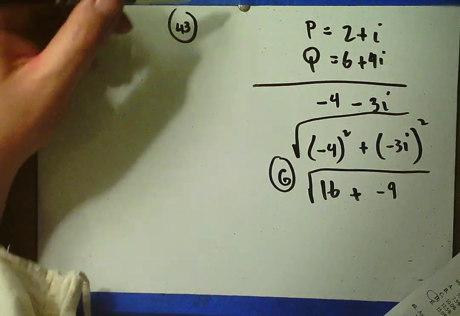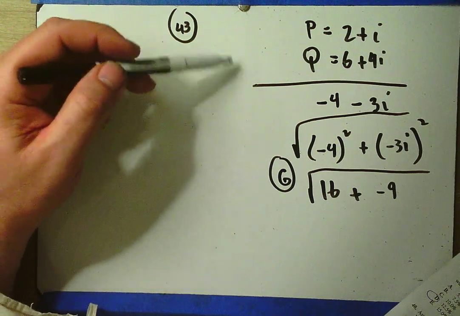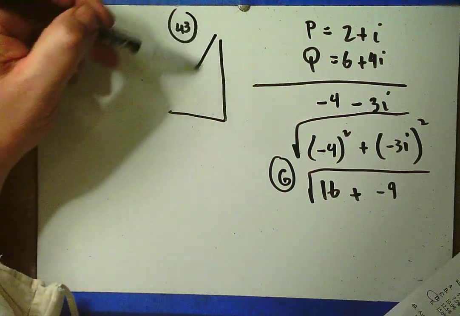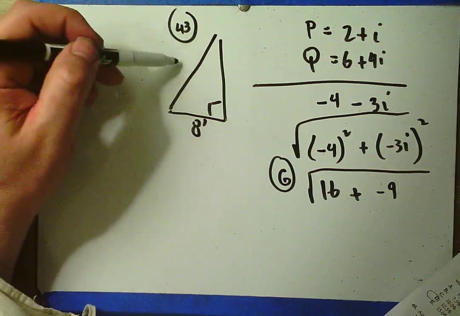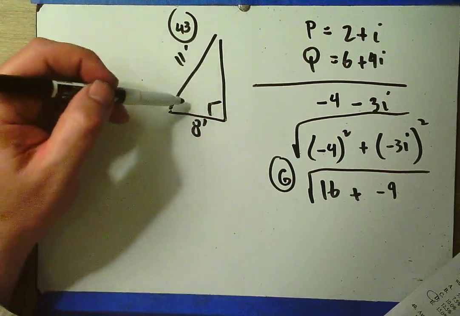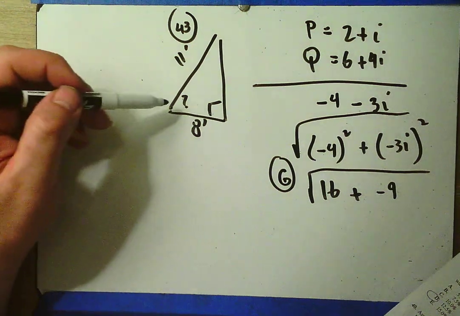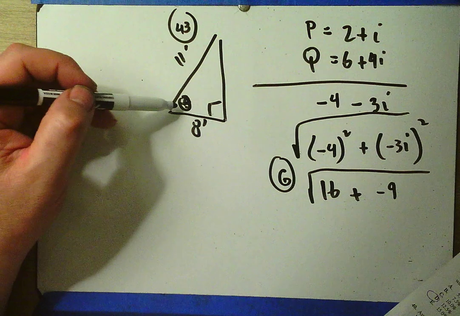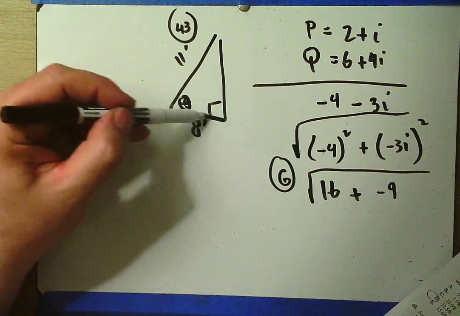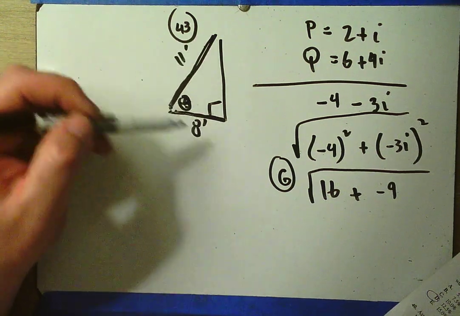Okay, 43. We need to know what the question mark is. I see a right triangle here with 8 feet and 11 feet and the question mark. Okay, well, what trig function could I use with this angle? Adjacent and hypotenuse.